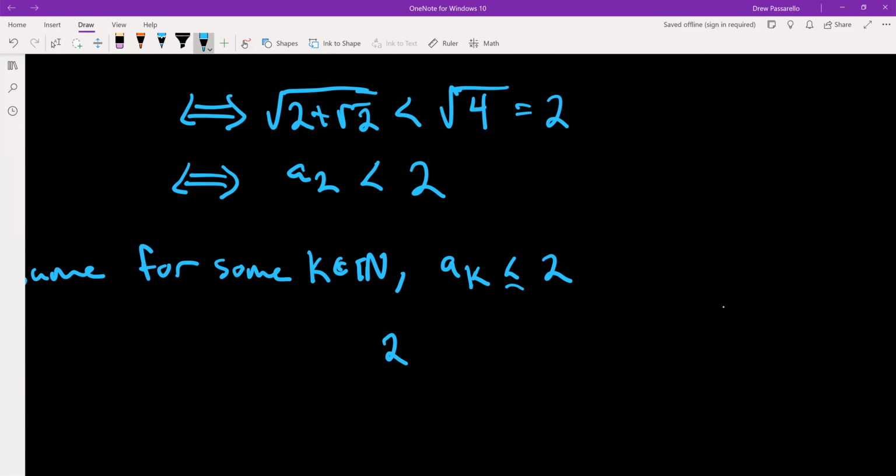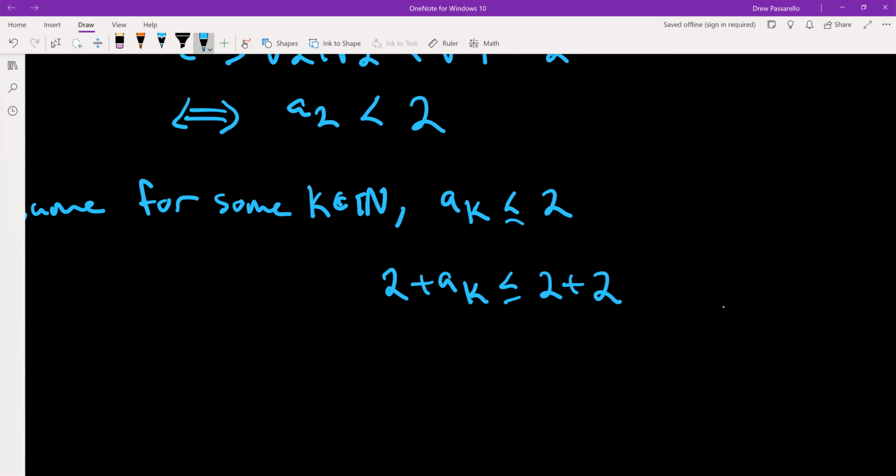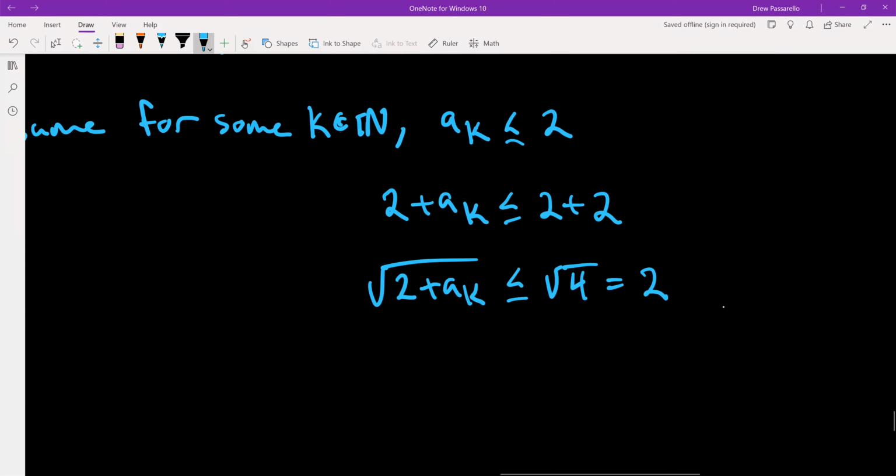So I have 2 plus ak less than or equal to 2 plus 2. And then I can square root both sides. So that's less than or equal to the square root of 4, which is 2. Well, the square root of 2 plus ak, that is ak plus 1. So we have ak plus 1 is less than or equal to 2.